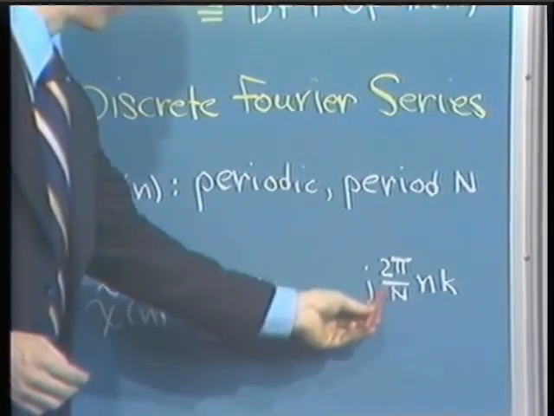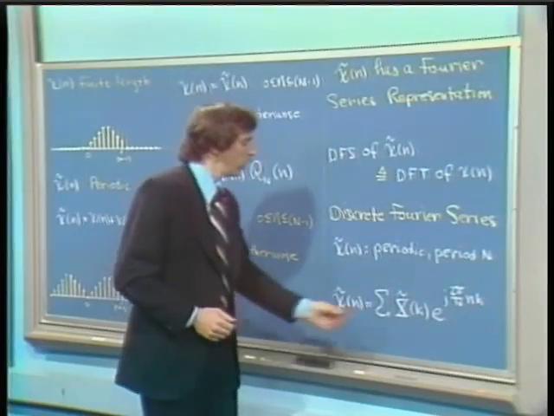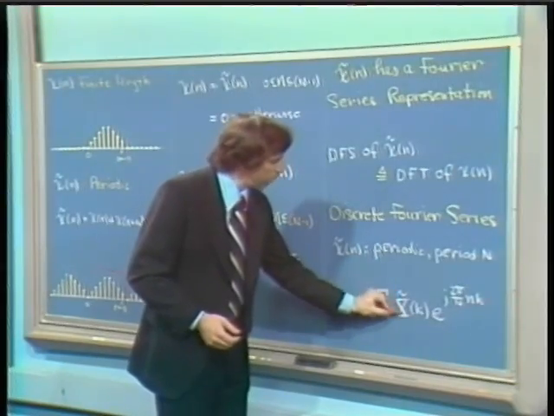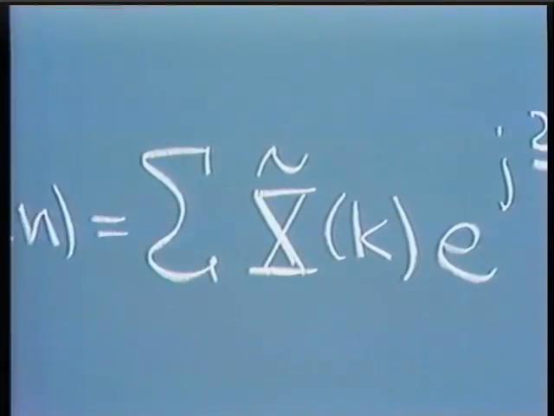That is, these are the harmonically related complex exponentials, just as we form linear combinations of harmonically related complex exponentials for the Fourier series in the continuous time case. What are the Fourier coefficients? Well, it's, of course, these capital X tildes of k, which we'll have a little more to say about in a minute.